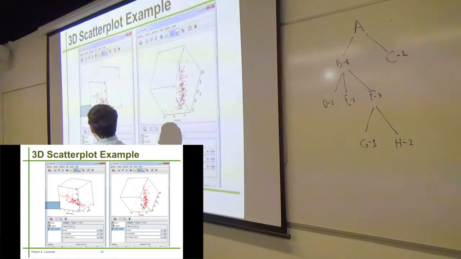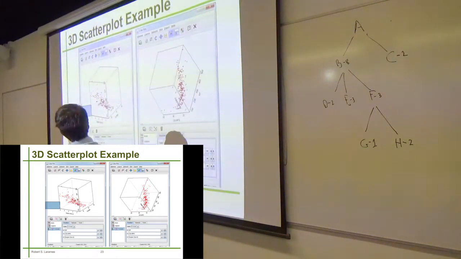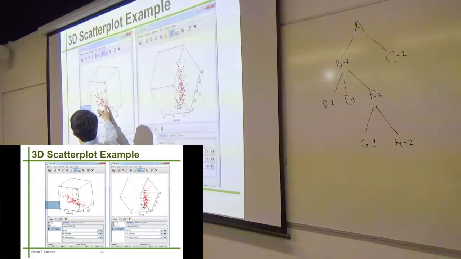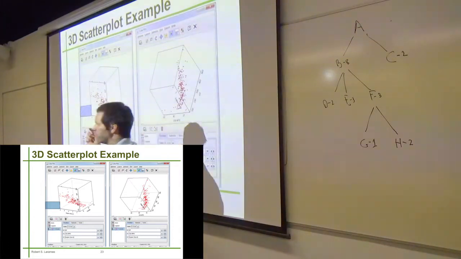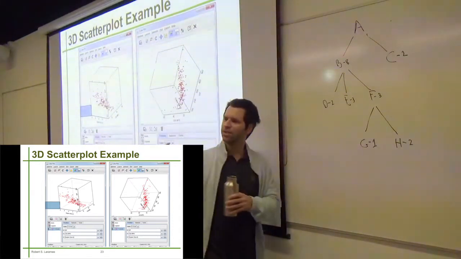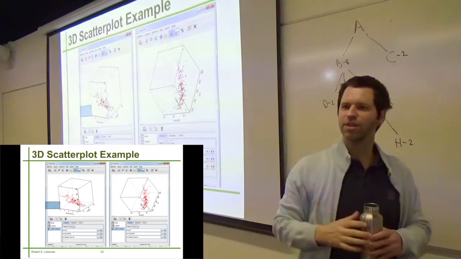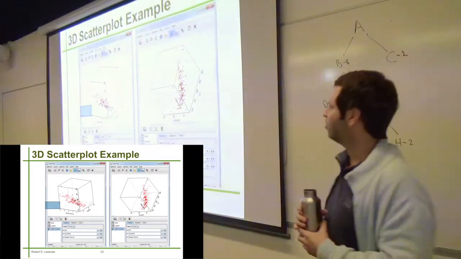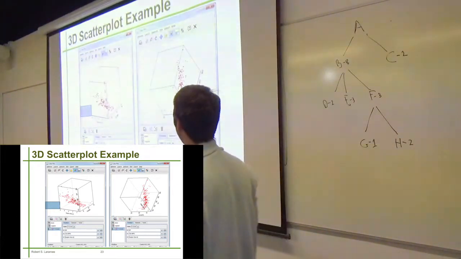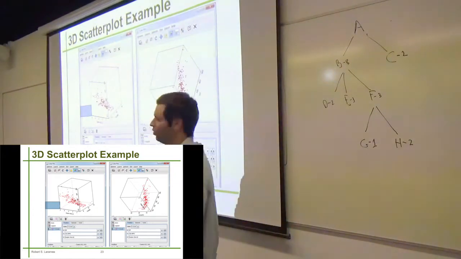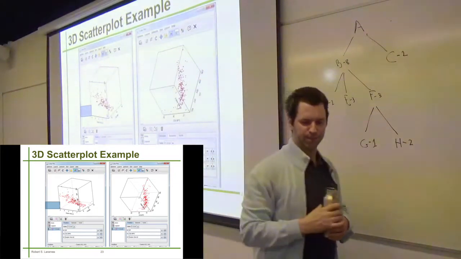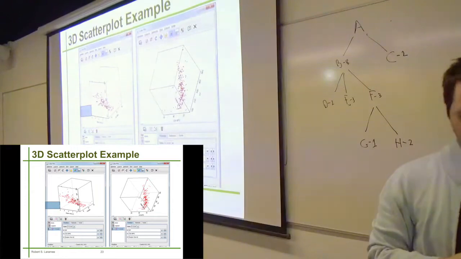And you can rotate that around. Color's not being used. So this requires that you're able to rotate the cube. Otherwise, it's going to be very difficult to see that 3rd dimension. You could add color there as well, to add a fourth dimension.